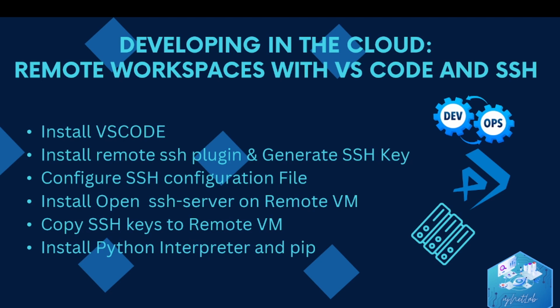So what is the hack behind it? You just generate the SSH keys and copy the public key onto the remote machine, and then you will be seamlessly connected to the remote VM and able to code for your project. All right, so let's start.